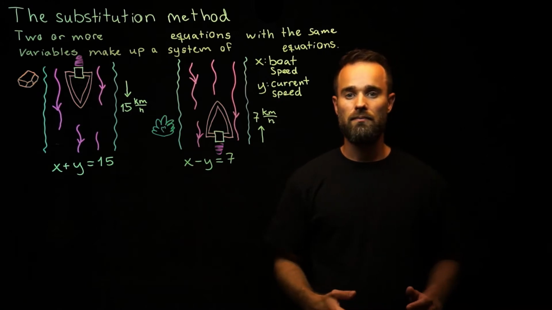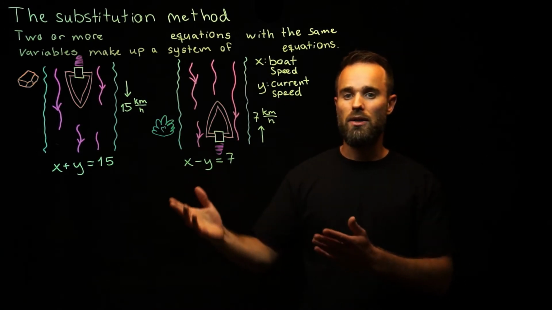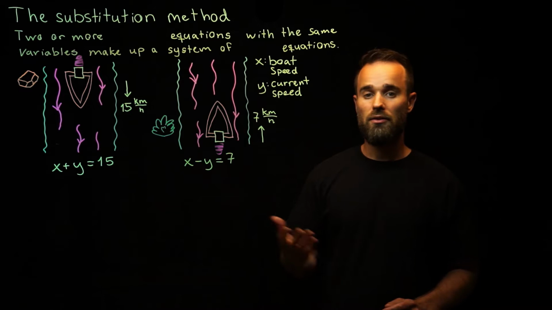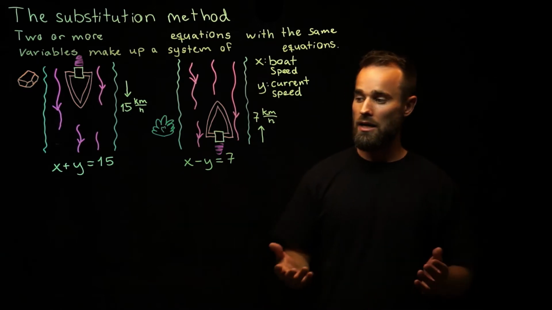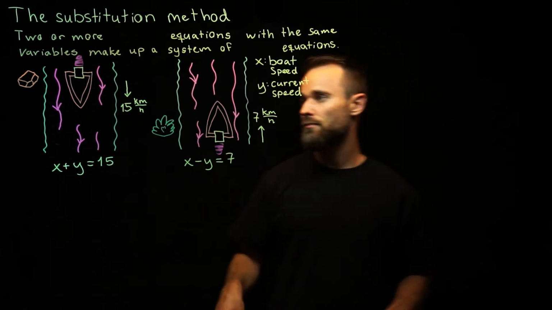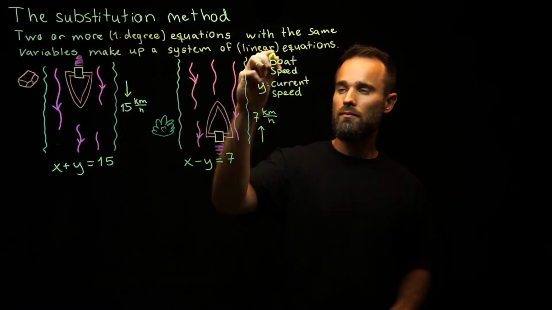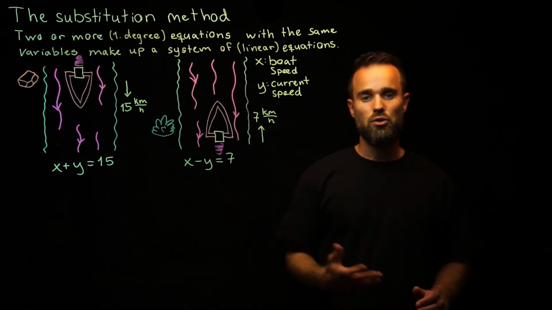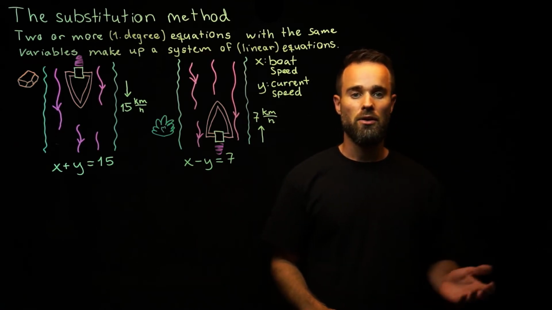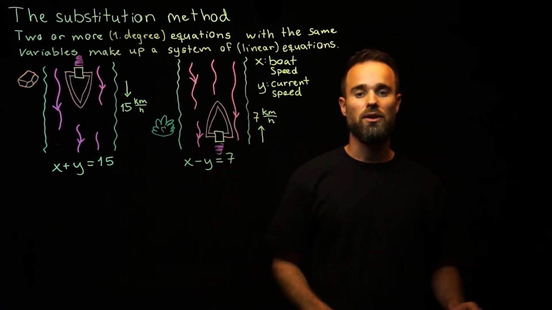More specifically, this is a linear system of equations because it is made up of first-degree equations with a highest power of 1. Two points from the previous video on equations also applies to this one.